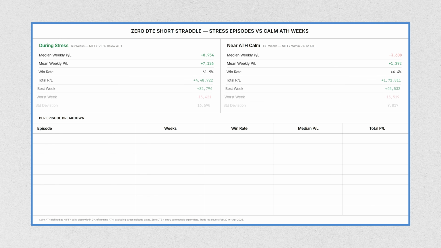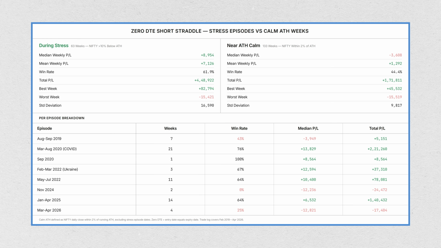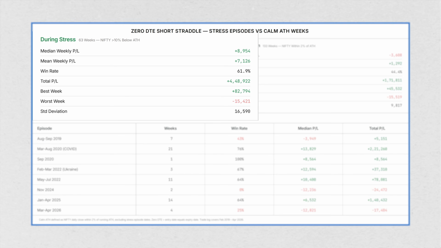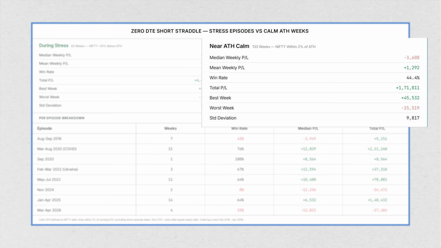What's super interesting is that short vol strategy actually performs better during periods of stress than when the index is near its all-time highs. The median PNL during stress is 8,954 compared to minus 3,608 when Nifty is near its highs.